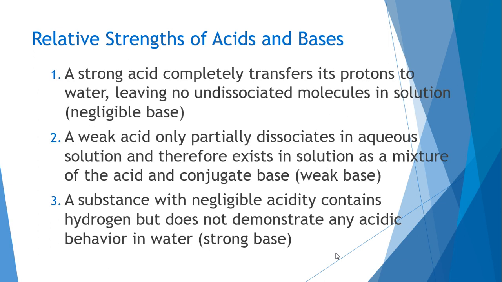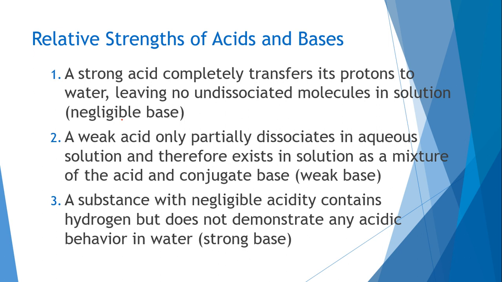So there are 3 categories that we're going to talk about. The first is typically if you have something that is a strong acid that completely transfers its protons to water, it's going to leave nothing undissociated within that solution. And so we say that it is a negligible base.